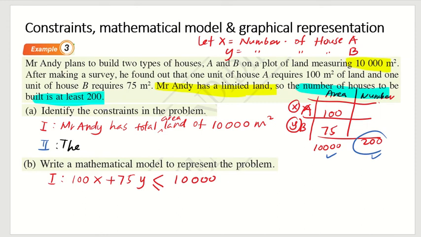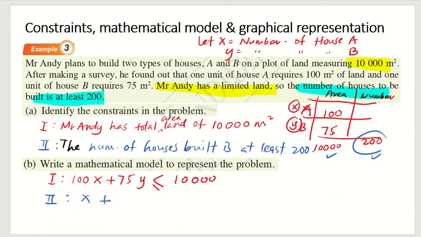The number of houses built is at least 200. Second constraint. Then you write your mathematical model, or your inequality: number of houses built, number of A, x, number of B, y. Okay, x plus y what? x plus y, 200.